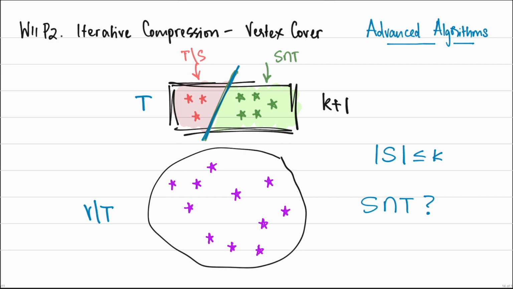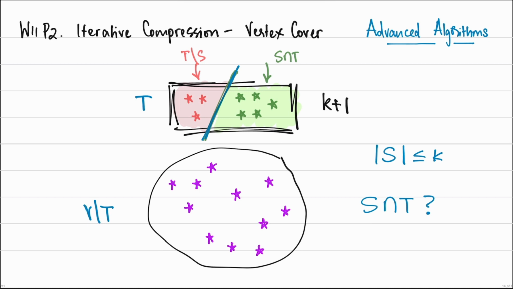So these vertices in T minus S were presumably in T for a reason. They were covering some edges, and now we need to extend S intersection T to be able to cover those same edges, but without using the vertices of T minus S, because we are committed to not picking them, right? So where are these edges that are incident on T minus S?